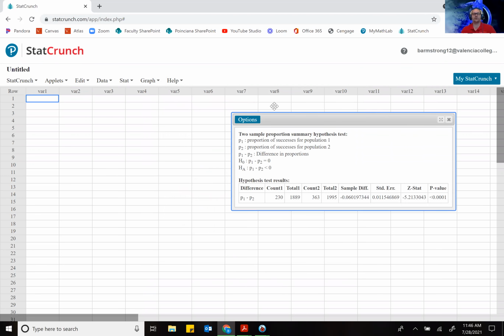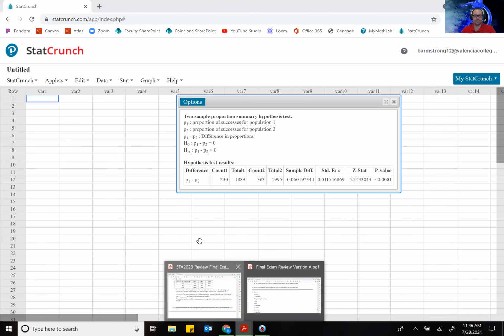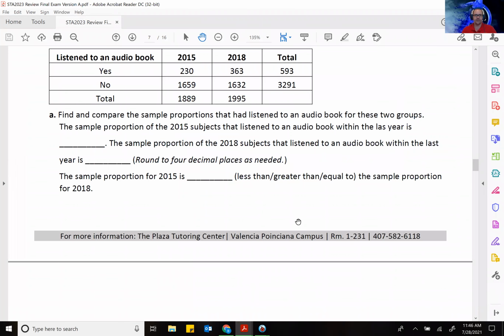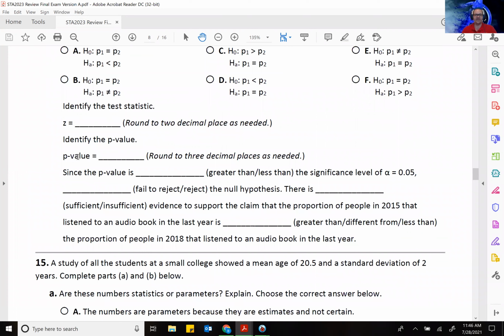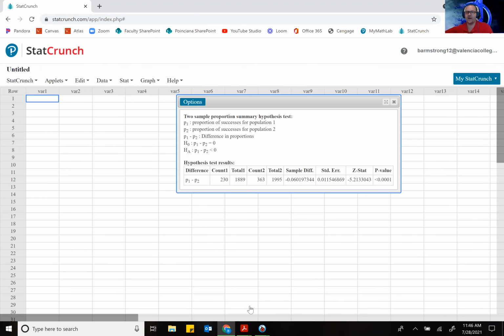So now you're going to report your Z statistic. So let's make sure we know what we're doing here. It says 2 decimals, and then the p-value will be 3 decimals. All right, so that's good to know. So the Z value, 2 decimals. 5.21. Careful. Negative 5.21. Ah, not what I said. No, you said a positive.